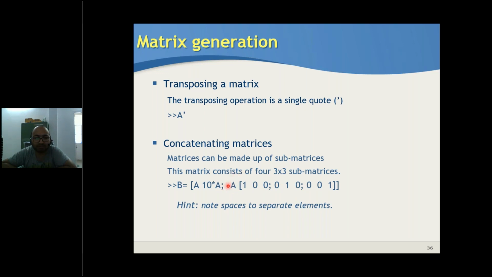So all the elements which are present inside the A matrix will get a negative sign, and after that we have placed a space, and then we have substituted a particular unit matrix which has a size of 3 cross 3. So if you calculate it by entering it in the command window, then you will get a 6 cross 6 matrix, and the elements are these values.